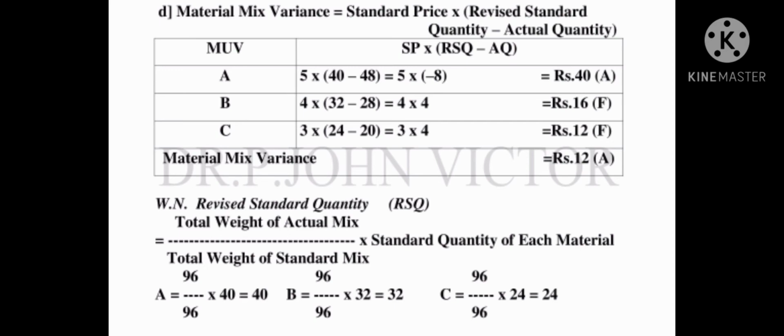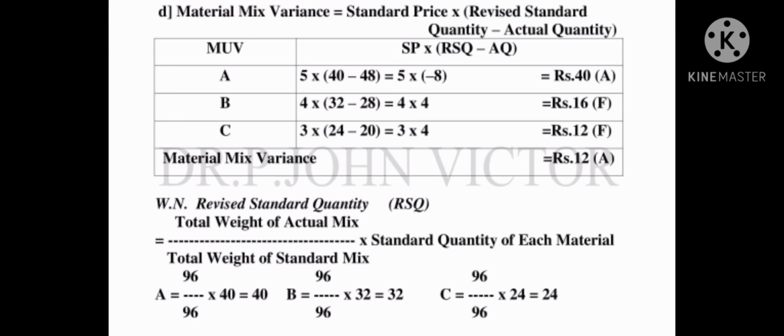Now I'll take for A, 96 divided by 96. If there were a different total, we may see a different value, but here in the sum you saw very clearly that the total actual weight is 96 for A, B, C. And likewise the total weight of standard mix, the standard quantity total value, is 96.